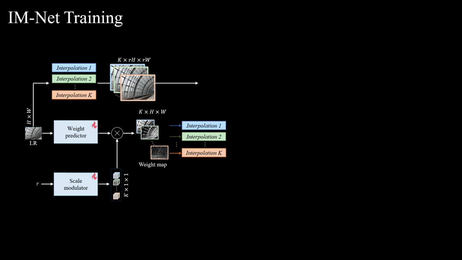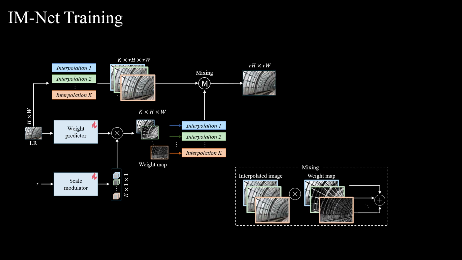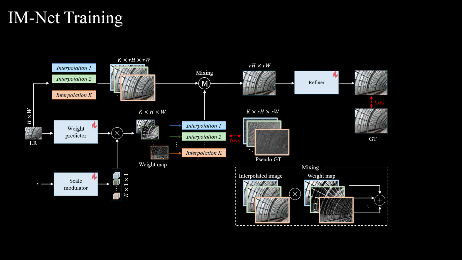This process produces the weights corresponding to each interpolation function. Then, each weight is applied to its corresponding interpolation method to perform upsampling. After that, we mix the results to generate an image that is upsampled to an arbitrary scale. Finally, to recover high-frequency details, the image is refined using a refiner. The training is performed with a traditional L2 loss and a guidance loss that we presented.